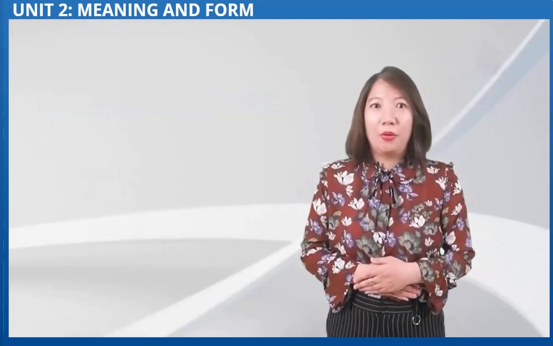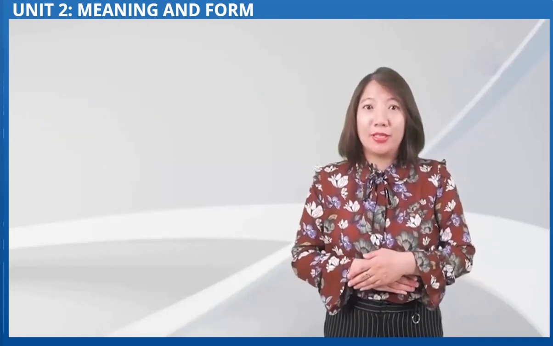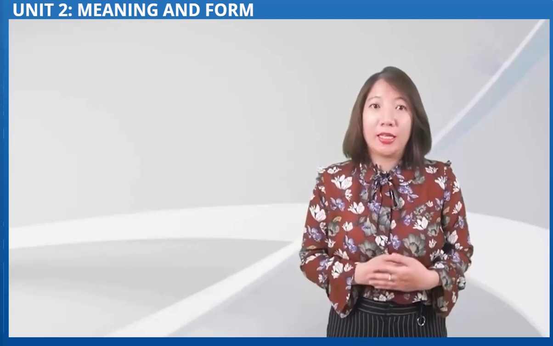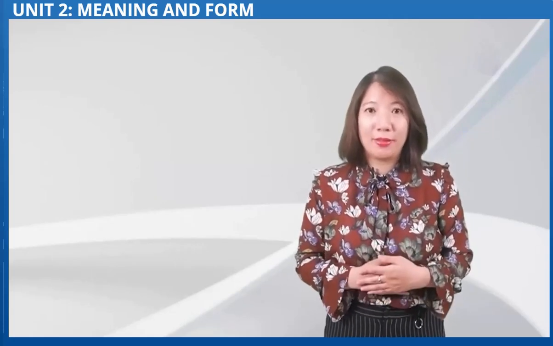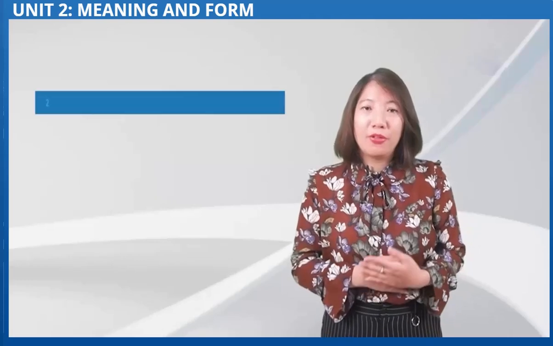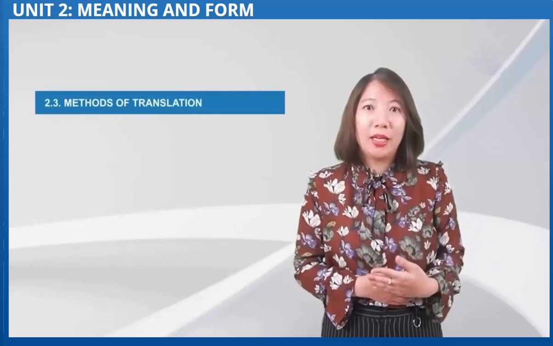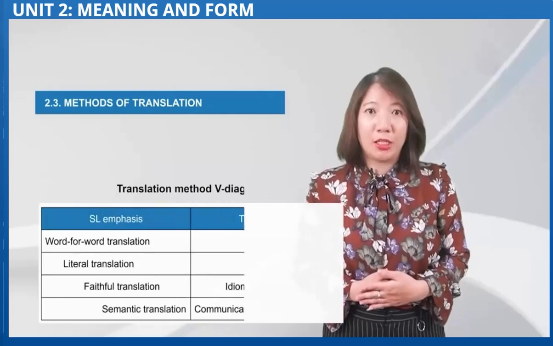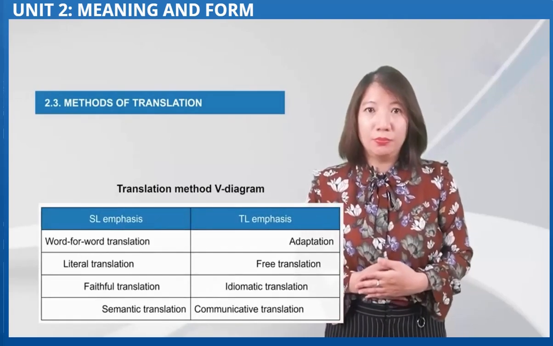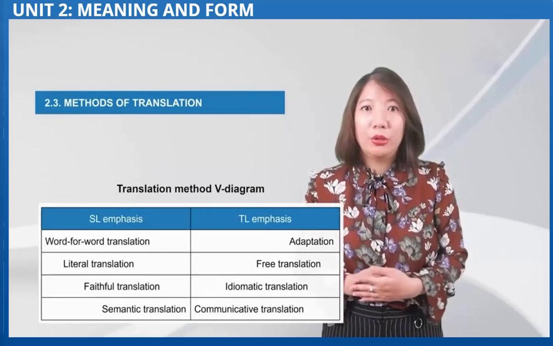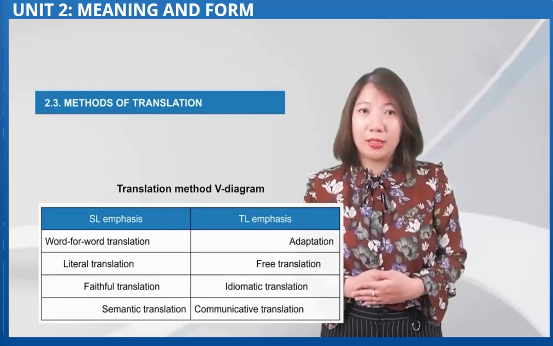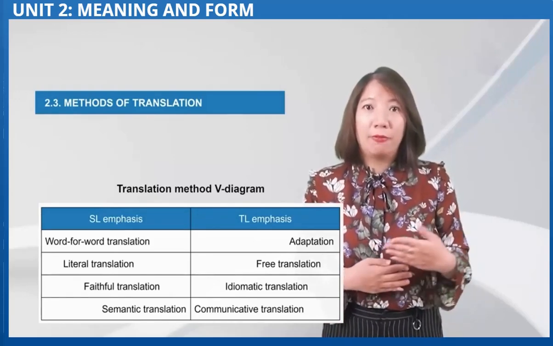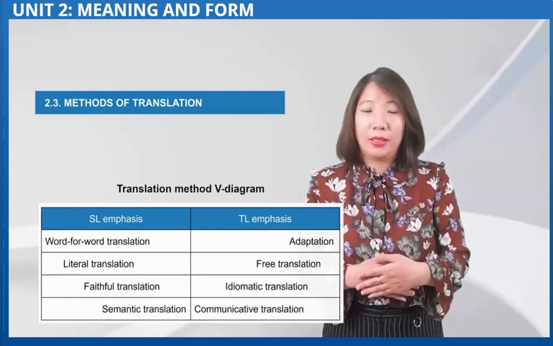And now, let's talk about the methods of translation. There are actually many different classifications of translation methods, but one of the most common, most widely accepted classifications is by Peter Newmark. So now we are going to look at the 8 methods of translation, which are displayed in his flattened V diagram like this.